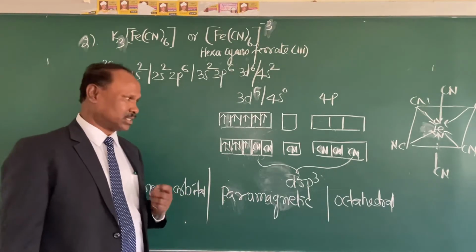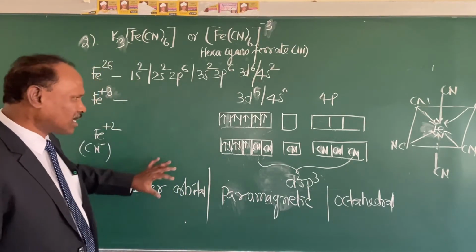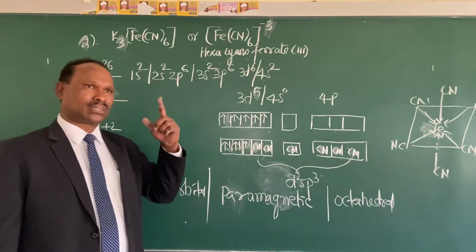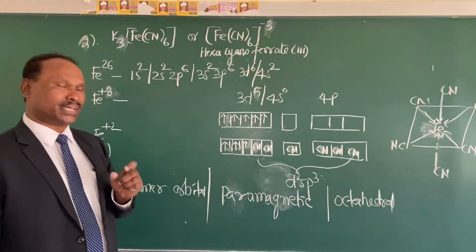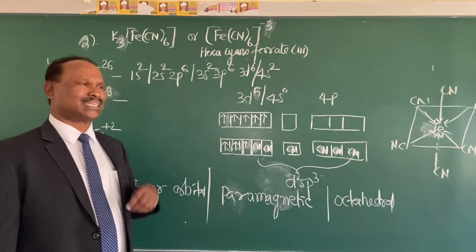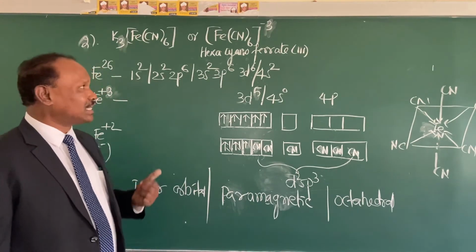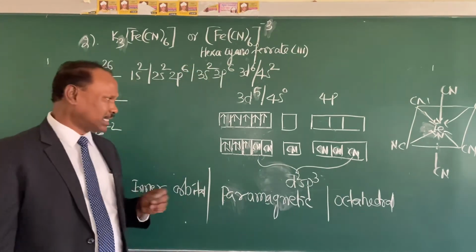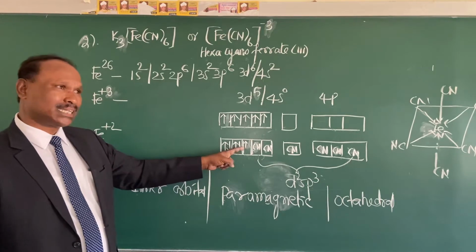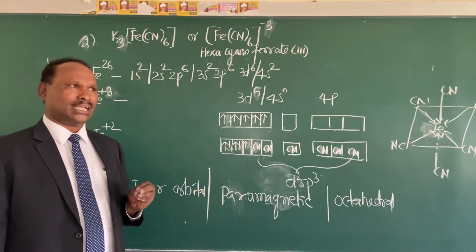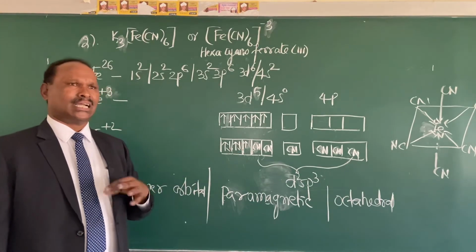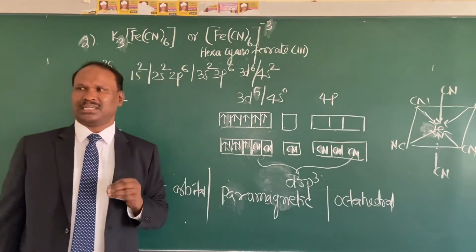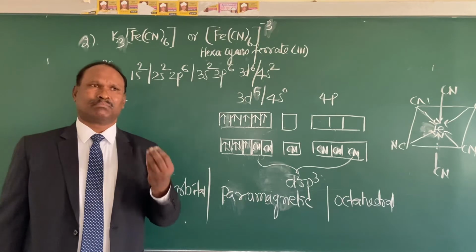Now, in inner orbital complexes, you learned the first complex, hexacyanoferrate(II), is diamagnetic, and the second complex ion, hexacyanoferrate(III), is paramagnetic in nature, which means inner orbital complexes are either diamagnetic or paramagnetic.